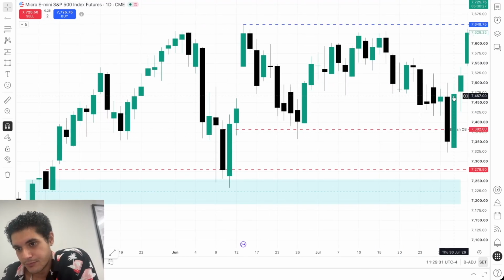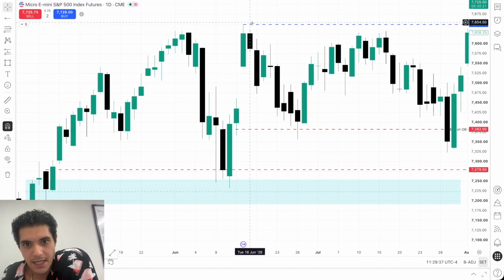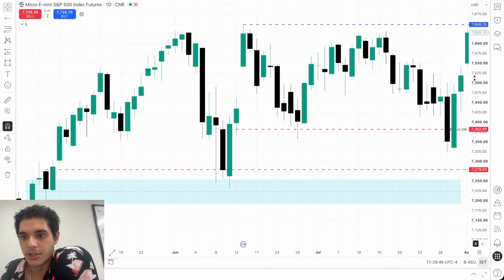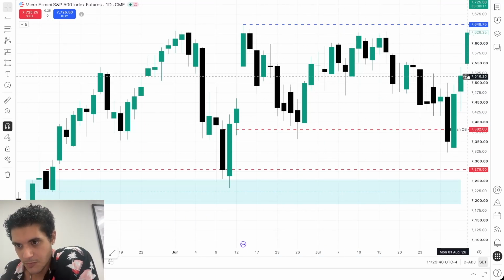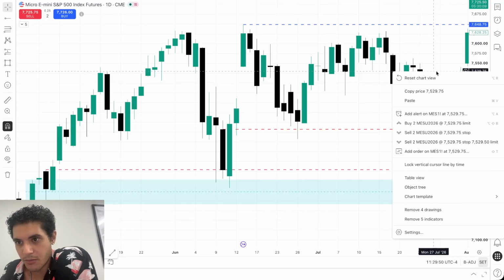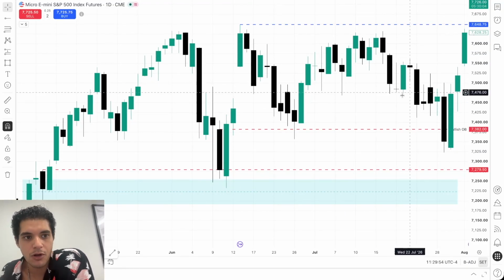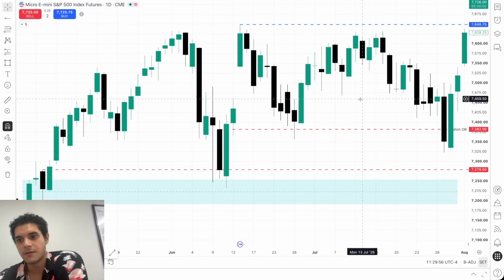So from this point, this high can reasonably be taken out. How high can price go? If you're looking at price action just like this, this is what you would have been looking at before market open today, and you're trying to project price higher.